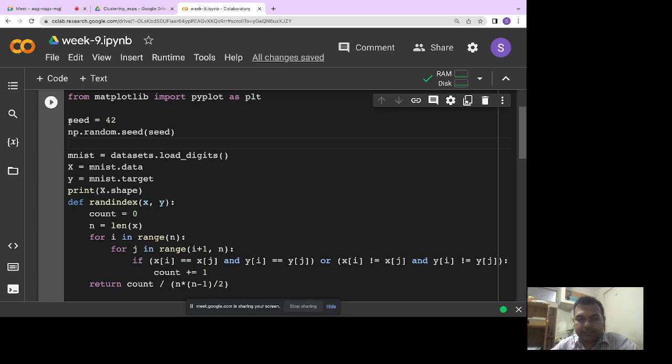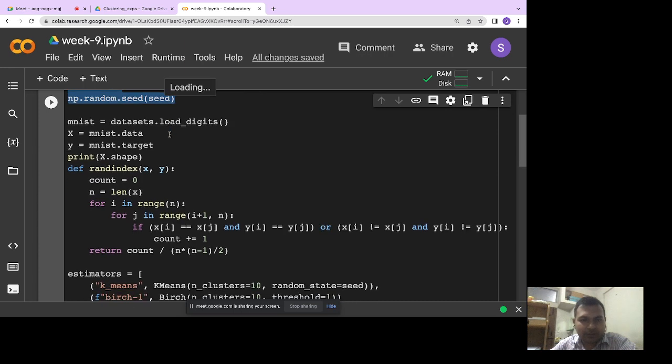So for getting the answers, seed of 42 has been set. You can of course change your seed, and probably k-means will change its answers accordingly. This is the way to set the seed for NumPy. You set a seed of 42, and then you do np.random.seed of seed. So these are all okay.